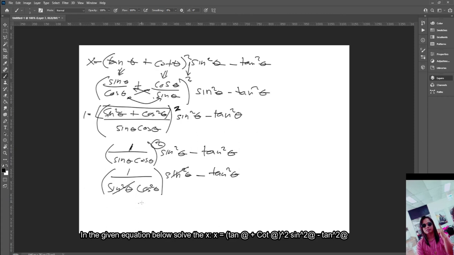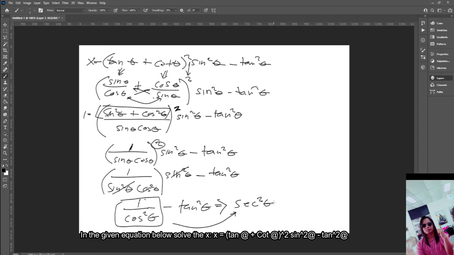Then we have our remaining cosine squared theta over 1 minus tangent squared theta. And this is an identity, equivalent to secant. Remember that, secant squared.